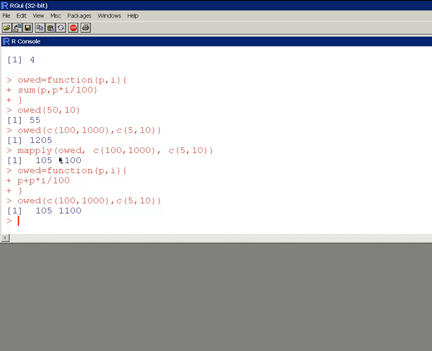But in other cases, you might have defined it this way, using this word sum instead of the plus operator, and that doesn't automatically vectorize. So in any case where you don't automatically have things vectorized, you would do it this way. Then when you want to vectorize it, you'd say mapply owed, comma, and the other arguments.